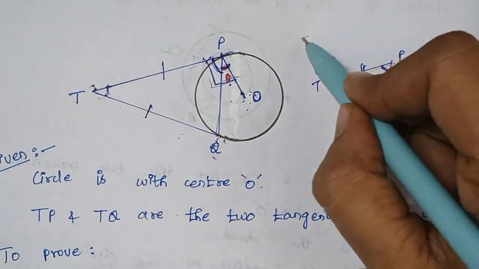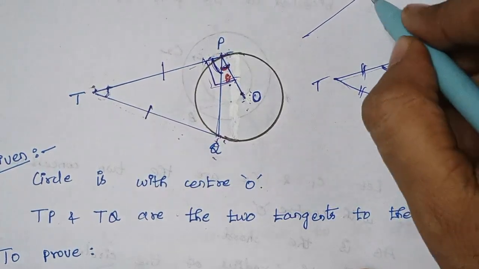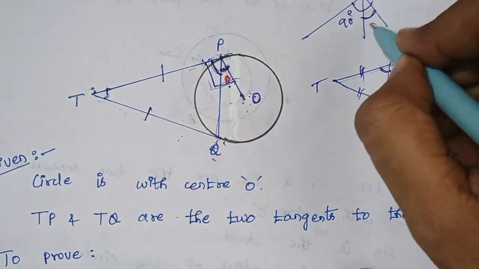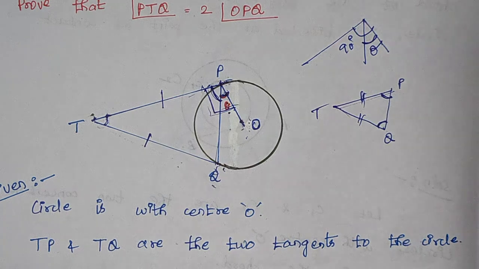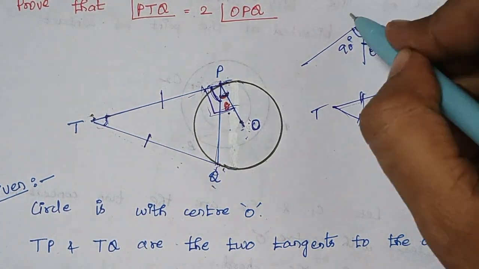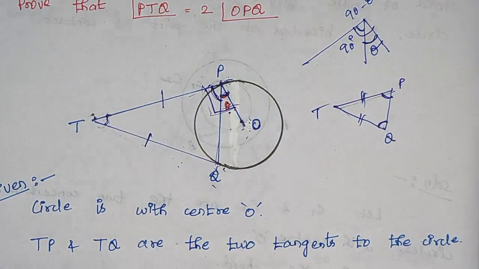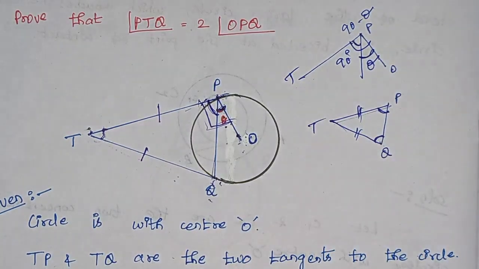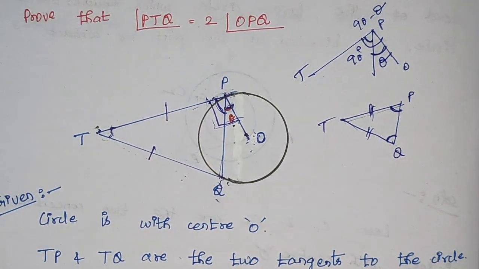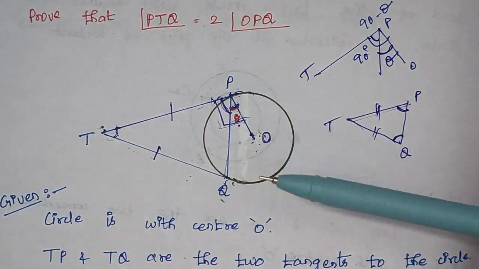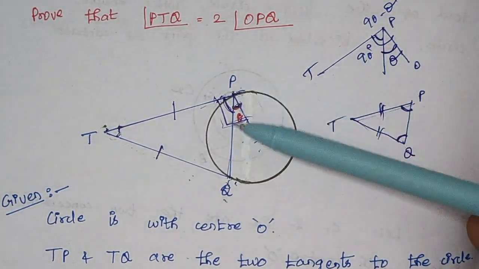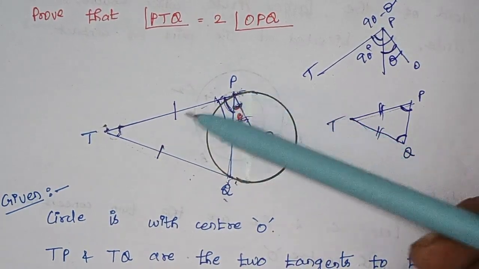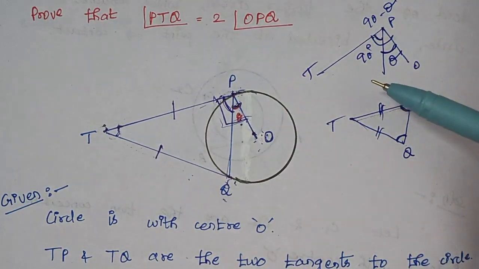That is, you see, again I am drawing here, right? The whole angle is 90 degrees and this angle is theta, right? So what about this angle? This angle will be 90 minus theta. Am I making it clear? And this is your T and this is your P and this is your O, right? So the angle QPT is 90 minus theta, okay?